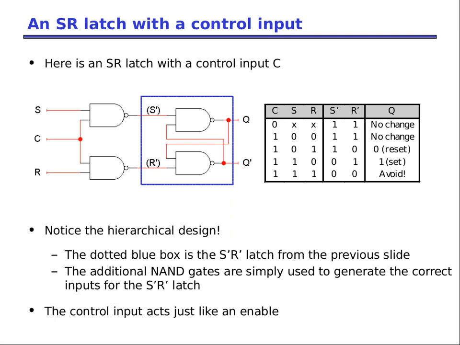Basically we have a third wire for control that is fed into another NOR to help us move it on. So that then feeds the inputs to the S-not R-not. Okay, so what's going on here? Well, the idea is that if control is 0, we don't care what S and R are, because if control is 0, what do we got?